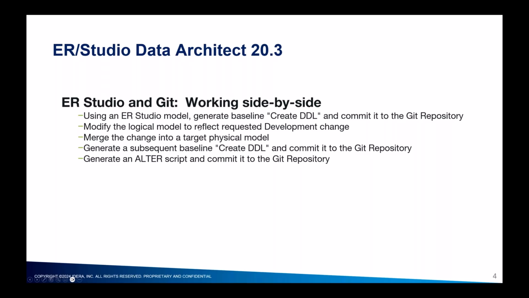We can modify a logical model and a physical model and get those changes using compare and merge, and then generate the baseline 2.0. You saw that the 1.0 had already been in my repository there. And then you saw me generate the alter script by comparing your physical model with the version 2.0 changes to the version 1.0 baseline that was already in Git. So you can compare against the DDL that's in Git to produce that alter.